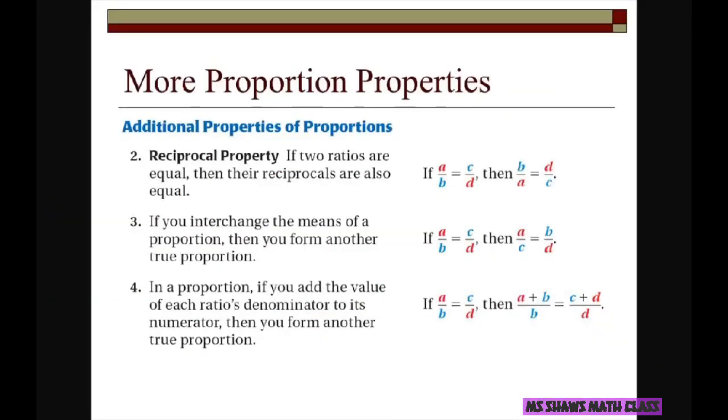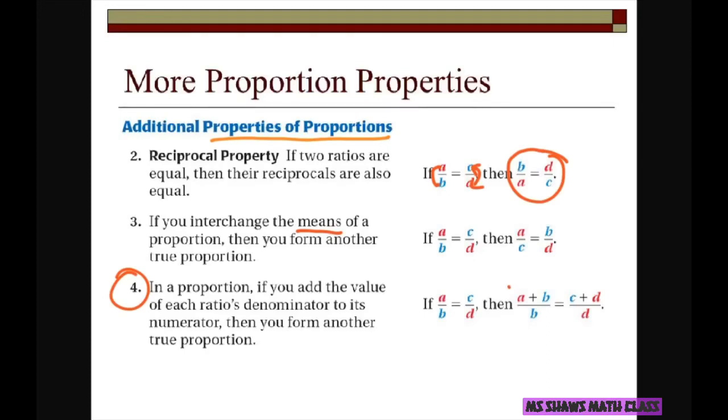So right here, when you have proportion properties, most of y'all know that you can just do the reciprocal, just reciprocate both of these, or you can interchange the means of the proportion. But what we did is this one: if you add the value of each ratio's denominator to its numerator, then you form another true proportion.